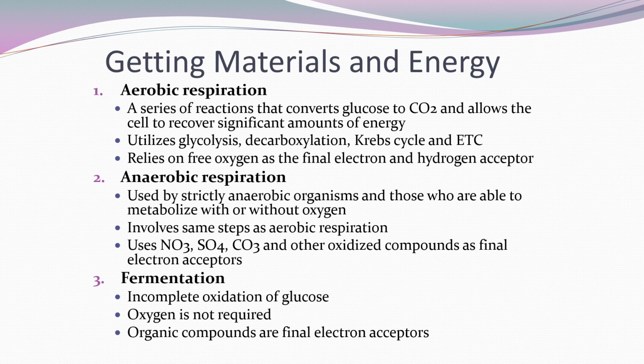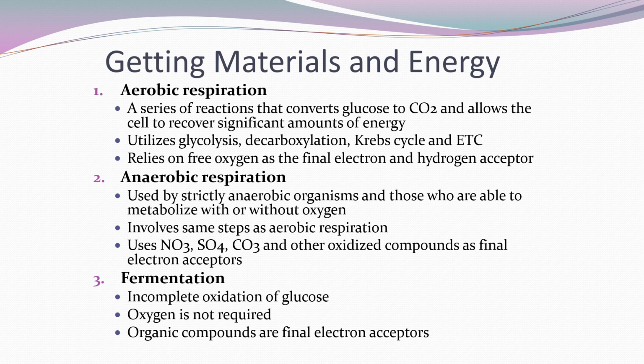Very, very important. For that second type of respiration, anaerobic respiration, we go through all the same steps as aerobic respiration, but that final electron acceptor is going to be something other than oxygen, and we will always produce less than 38 ATP. In fermentation, this is kind of a last resort if we can't do aerobic or anaerobic respiration.